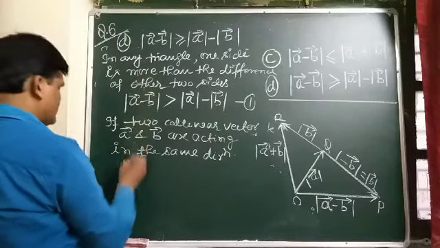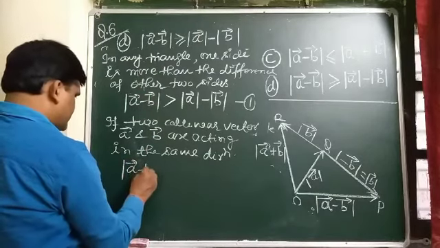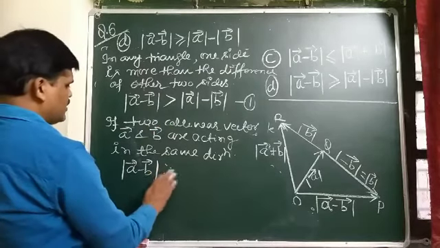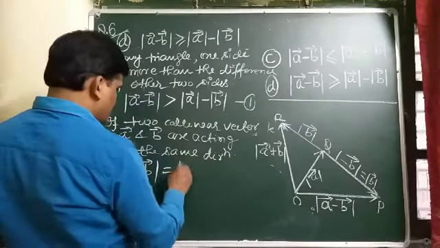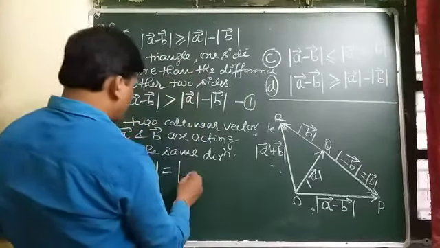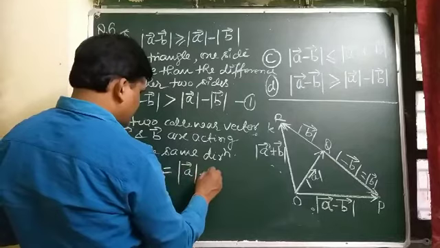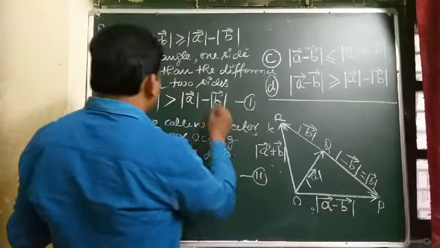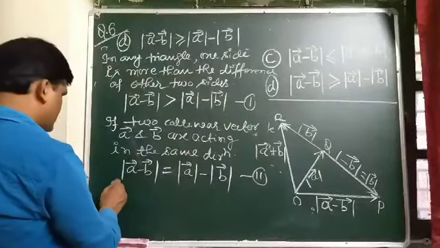So we get mod vector A minus vector B equal to mod vector A minus mod vector B, and this is equation 2.